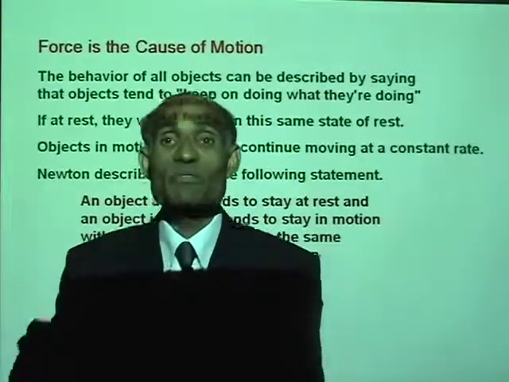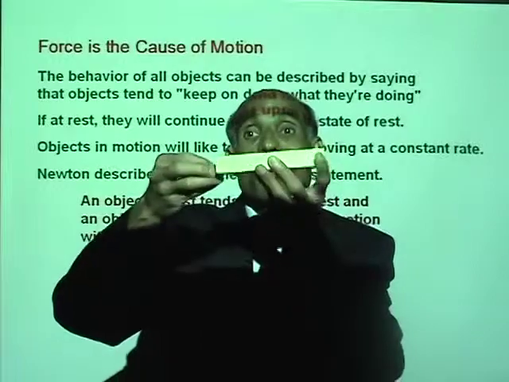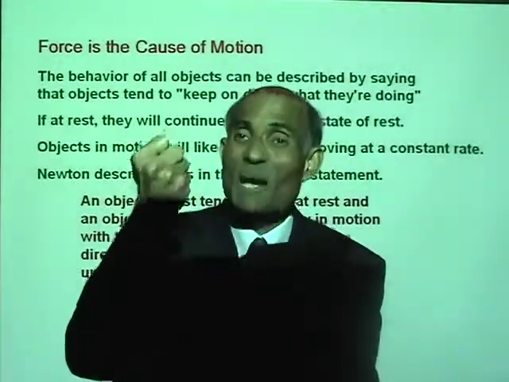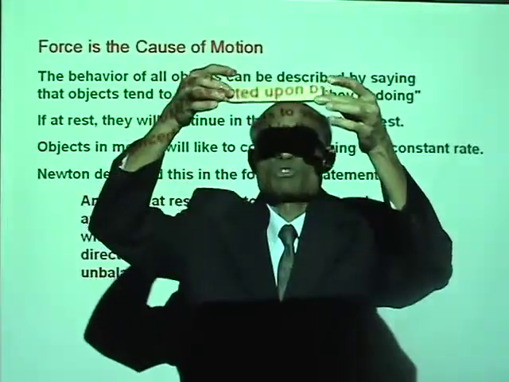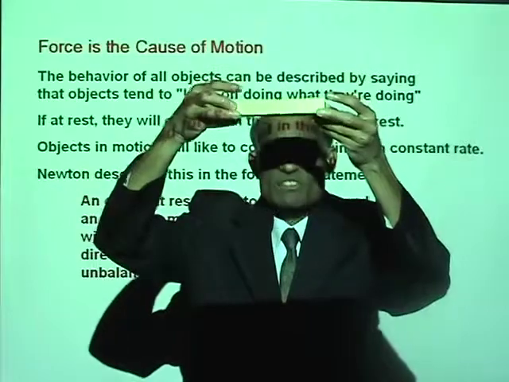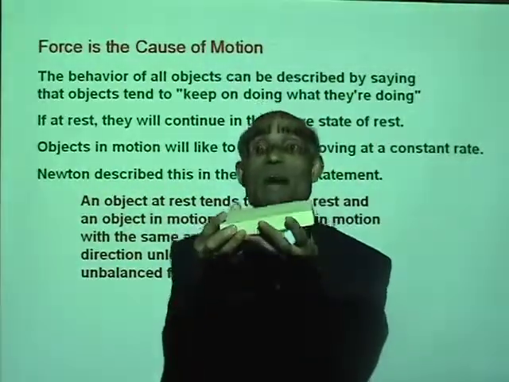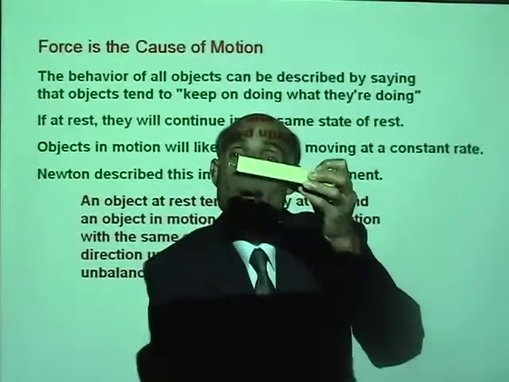So the only thing that can change the state of rest or the state of motion of an object is an unbalanced force. Now you can see the moment I drop this, it has an unbalanced force. Now where does the unbalanced force come from? It is the pull of gravity by the earth.